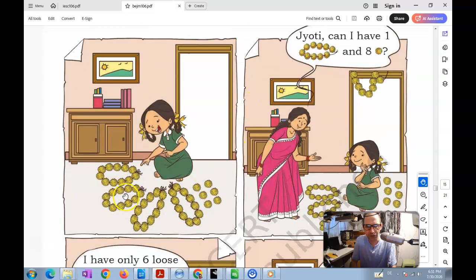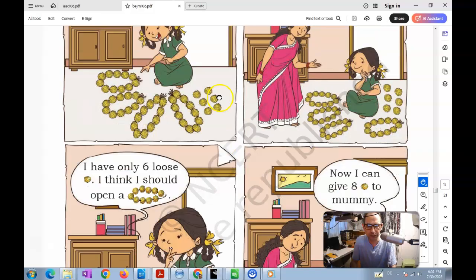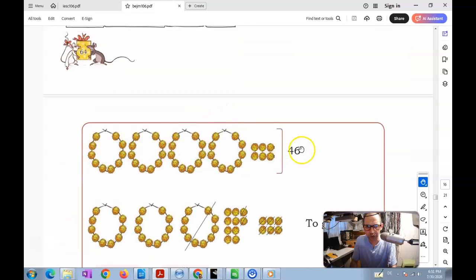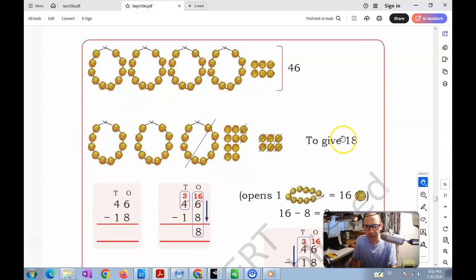So we have 1, 2, 3, 4. That's 4 times 10, which is 40, 46. So we started with 46 flowers in this configuration, meaning 4 groups of 10 and 6 groups of 1, right? And we wanted to give 18 away.